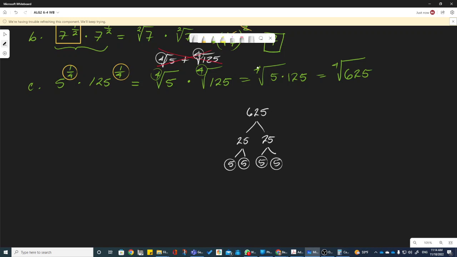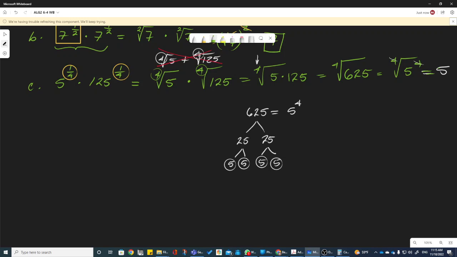Remember, if we're dealing with the 4th root, let's group them in groups of 4. So this is 5 to the power of 4. Now when you simplify this, you realize that they have the same key, so the 5 gets to go out of jail. So this is all equal to 5.